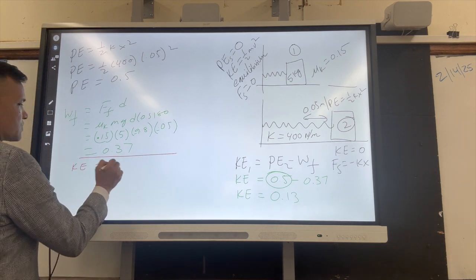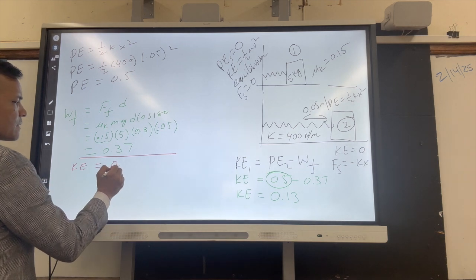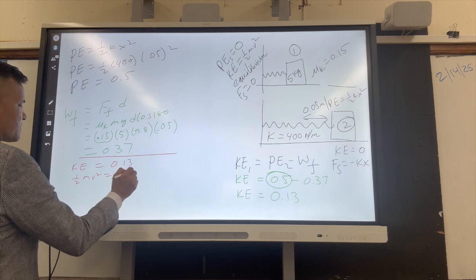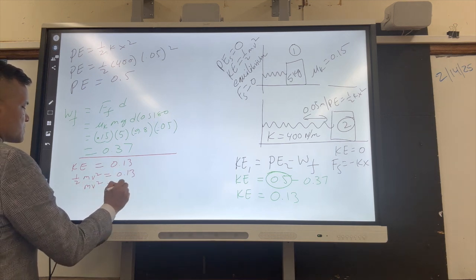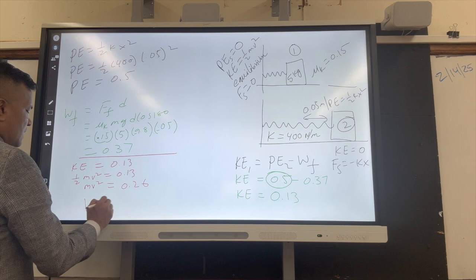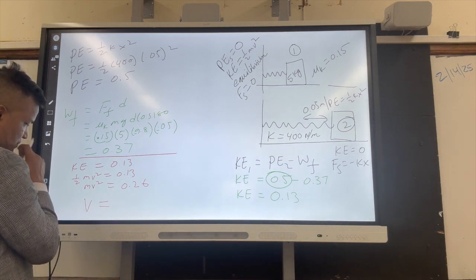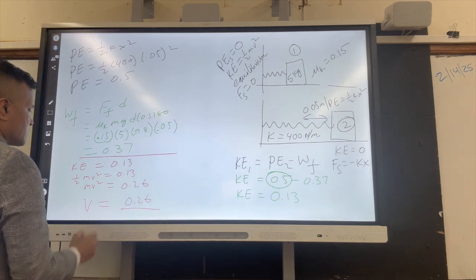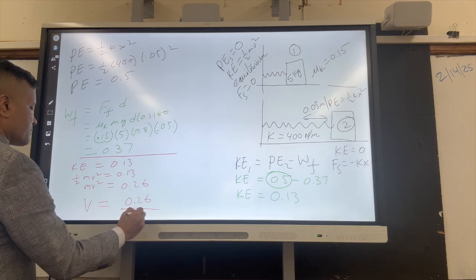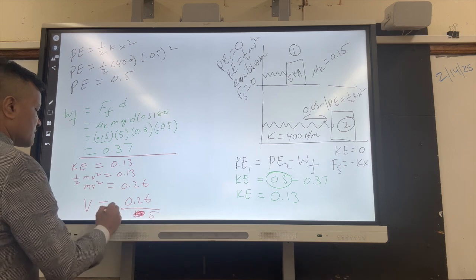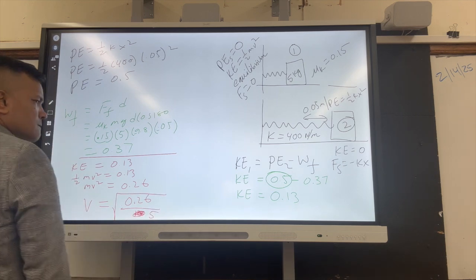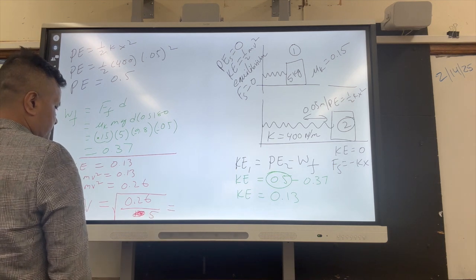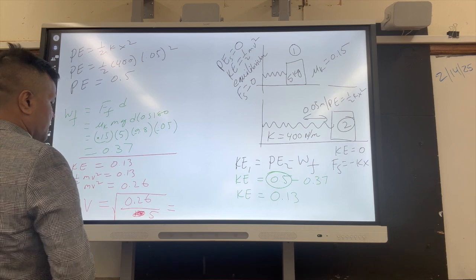Half m v squared is 0.13, so m v squared is 0.26. So velocity is the square root of 0.26 divided by m, which is 5. So velocity is something, whatever it is.